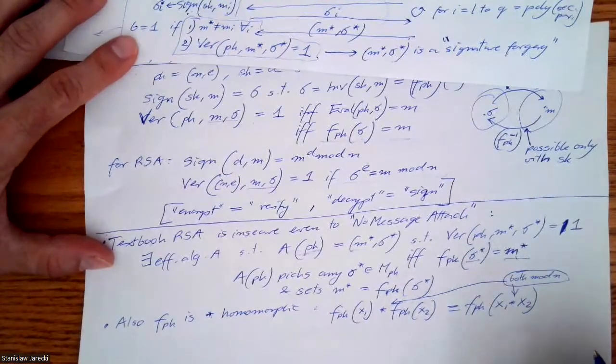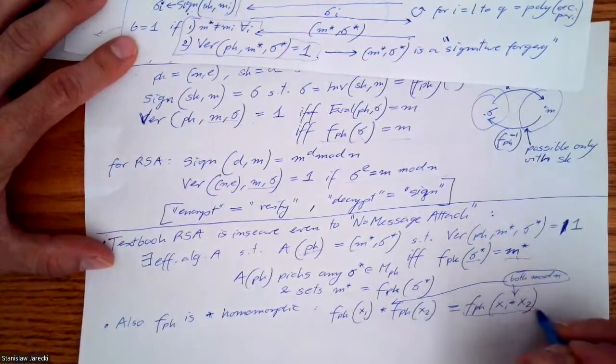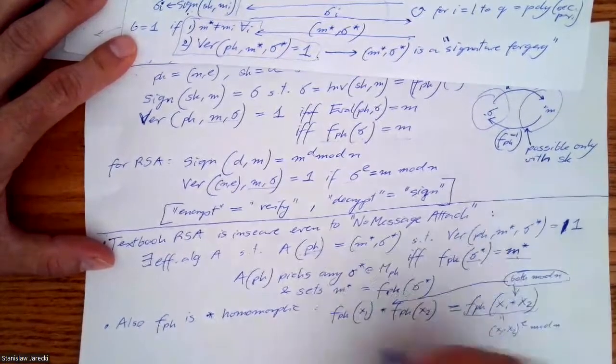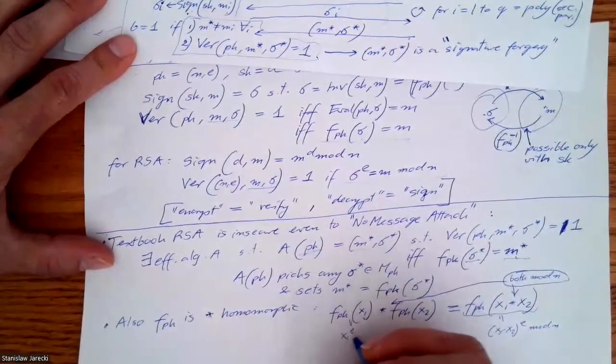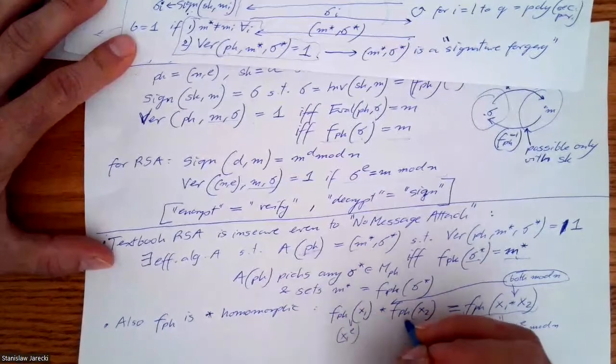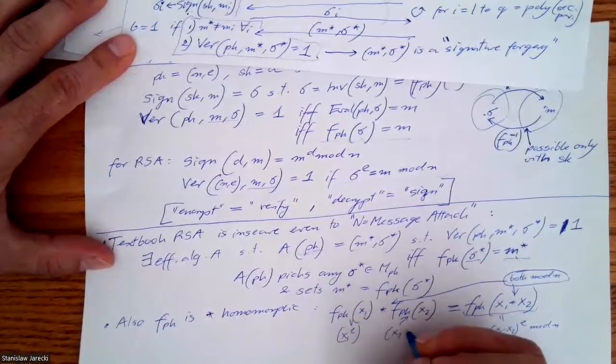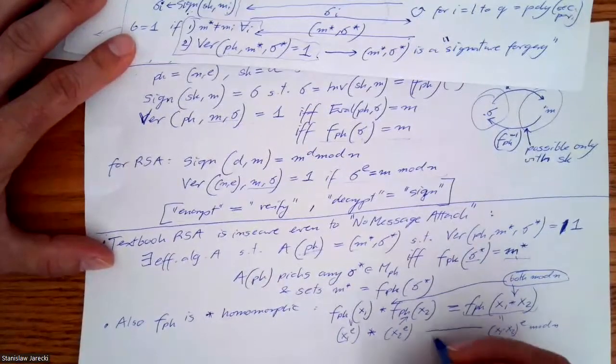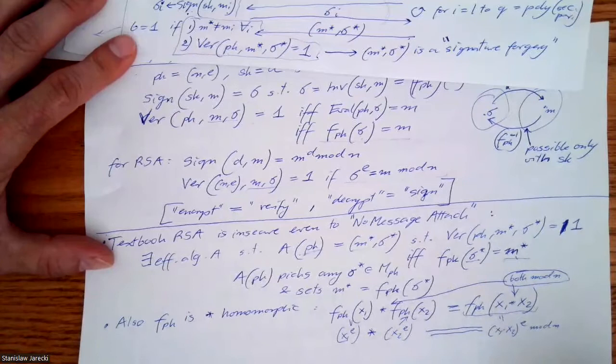Okay. So you can check, because this is (x1 times x2) to the e mod n, and this is x1 to the e, and this is x2 to the e. These two are the same, because this exponentiation is mod n, this exponentiation is mod n, the multiplication is also mod n, so it's the same thing.